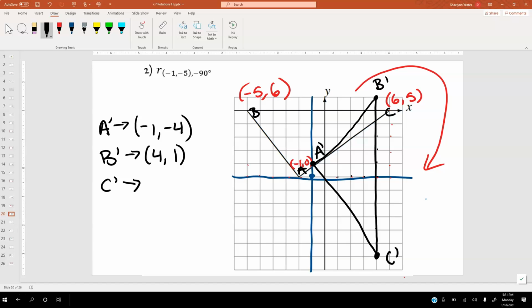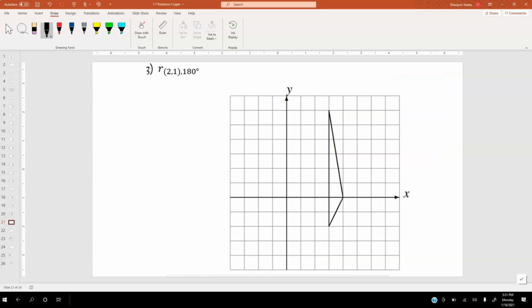And C prime is now at (4, -11). Okay, so that rotation doesn't always look like it rotated when looking only at the points, but if you look at the picture, it does, especially if you've redrawn your new axes. Let's try this one more time.